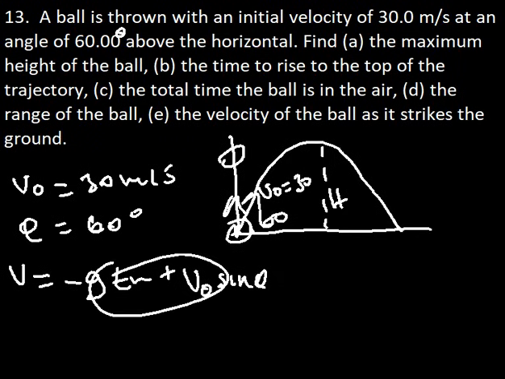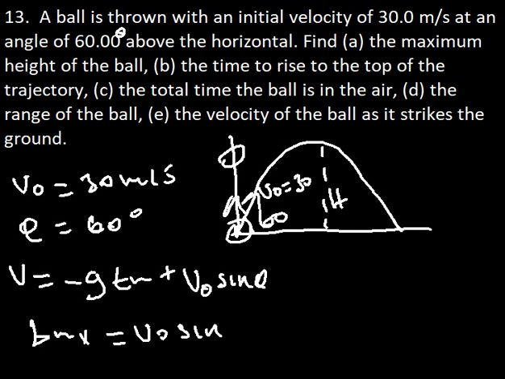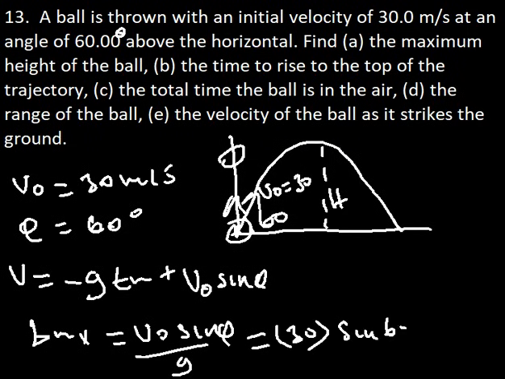And upon making Tmax as a subject, we'll have Tmax is equal to v naught sin theta divided by g, of which this negative has already gone. We just now have to simply substitute 30 times sin 60 divided by 9.81, then we'll have it in seconds.